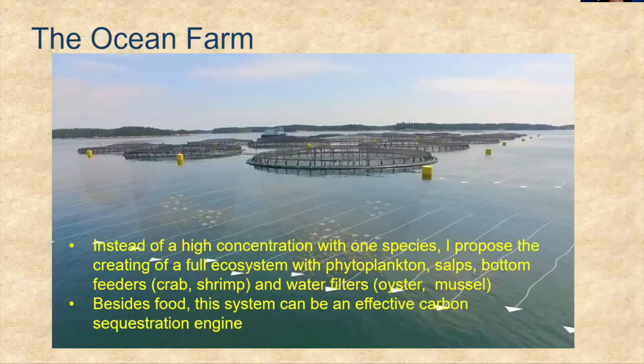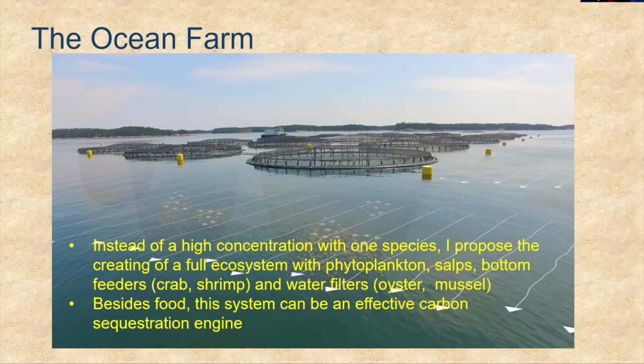My proposal is to have a very diverse ocean farm. Ocean farms today concentrate on only one species, so I want to make a whole ecosystem with the phytoplankton, the salps, and also bottom feeders.